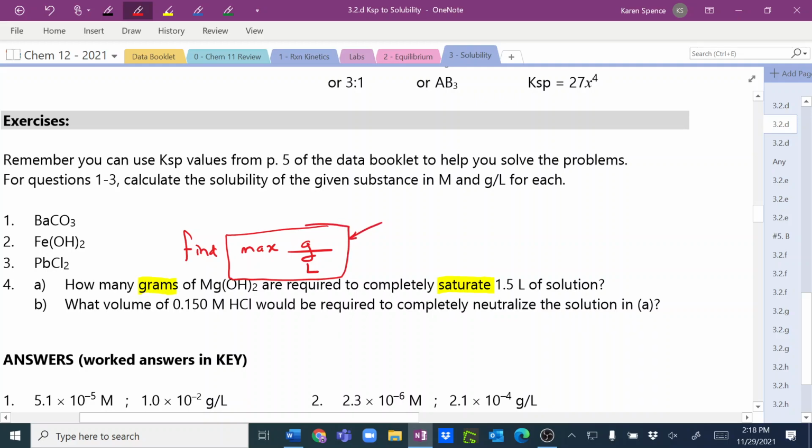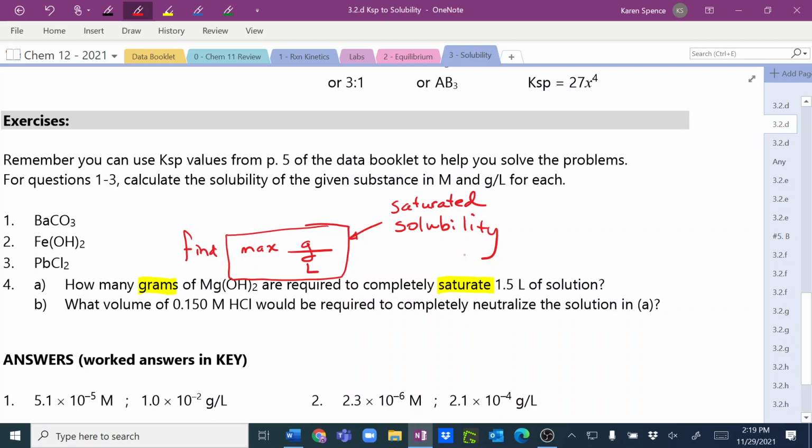Like, what word would we use for that? That is saturated. And if we're finding grams per liter of a saturated solution, we are finding the solubility. So this question is finding the solubility. And that's maybe the trickiest part of that question, is just figuring out what it wants.